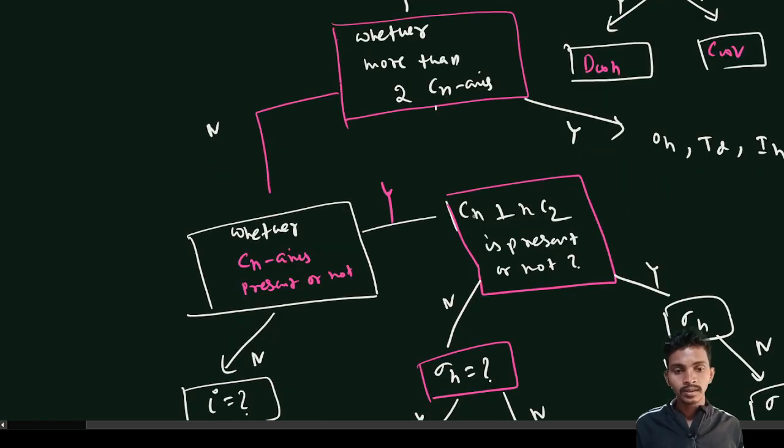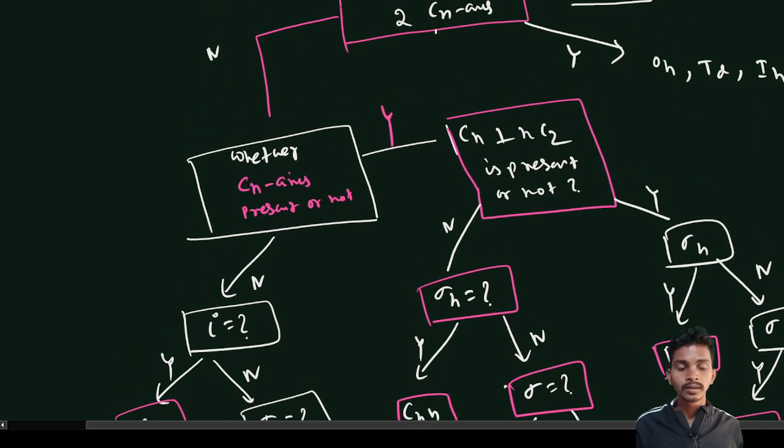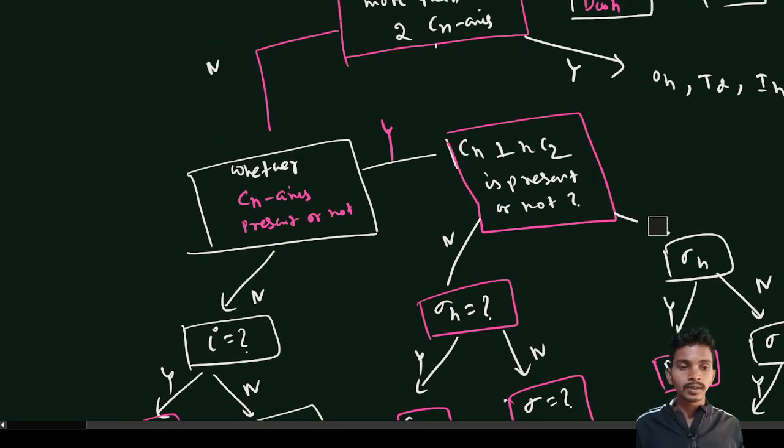And one more thing here we have to do, whether CN is present, yes, and whether CN and NC2 are present or not. And if yes, then here we will ask one more question.